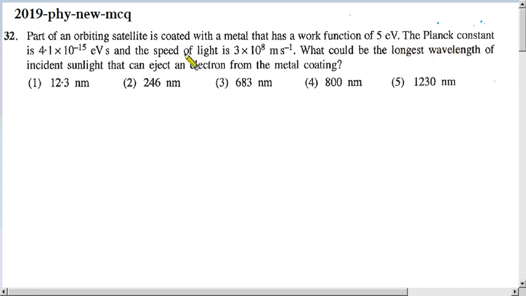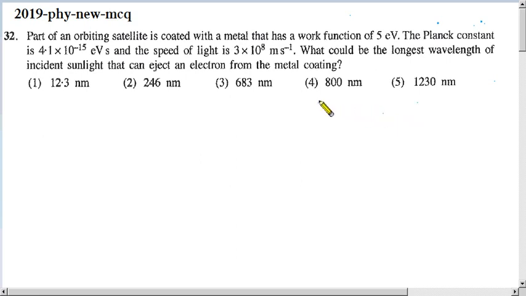The Planck constant is 4.1 times 10 power minus 15 electron volt second, and the speed of light is 3 times 10 power 8 meter per second. What could be the longest wavelength of incident sunlight that can eject an electron from the metal coating? There are 5 answers in nanometer.